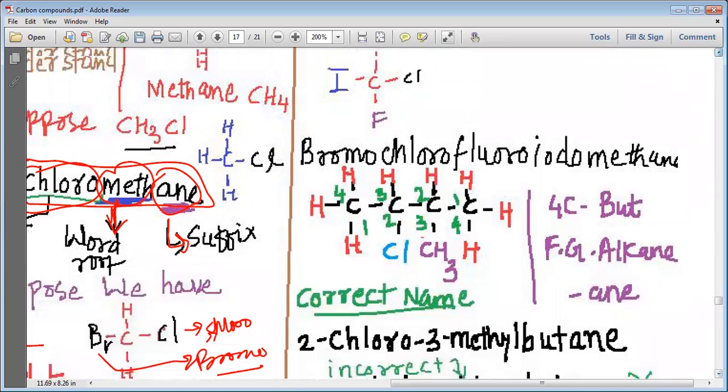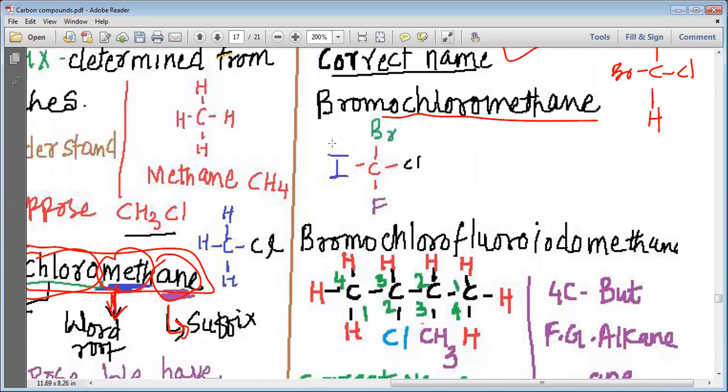Same way, my dear students, if you look at this compound, here it has no hydrogen, but it has a bromo, it has a chloro, it has a fluoro, and it has iodo.